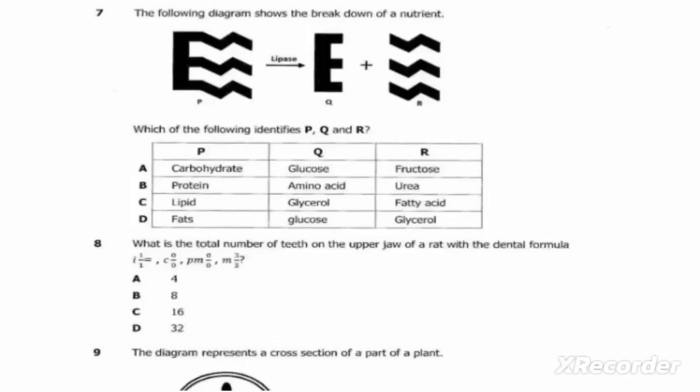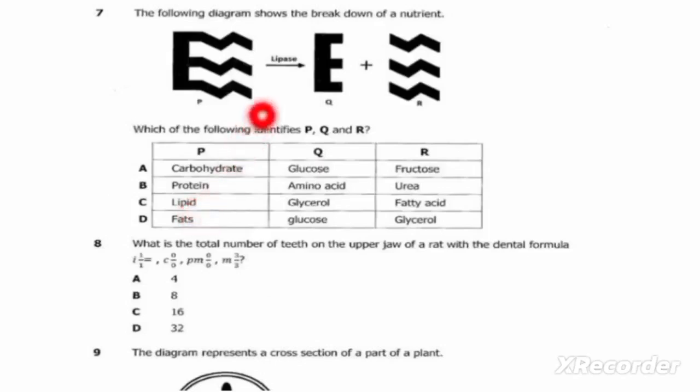Question 7, the question reads, the following diagram shows the breakdown of a nutrient. Which of the following identifies P, Q, and R? Okay, so this one is showing the macromolecule, the big molecule, which is a lipid.